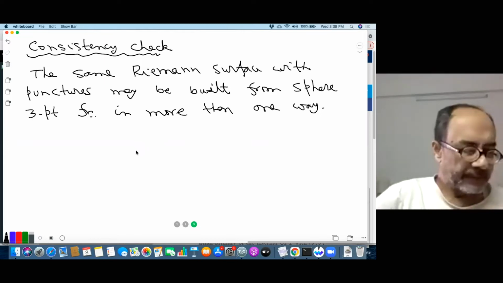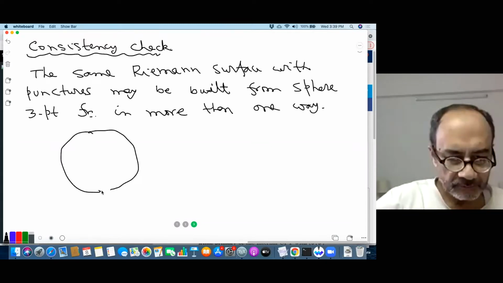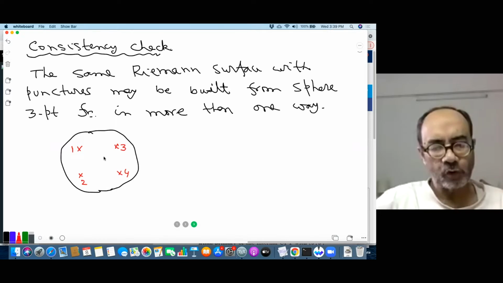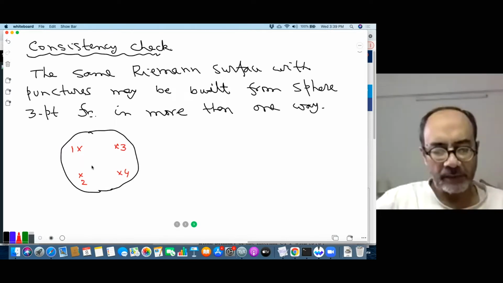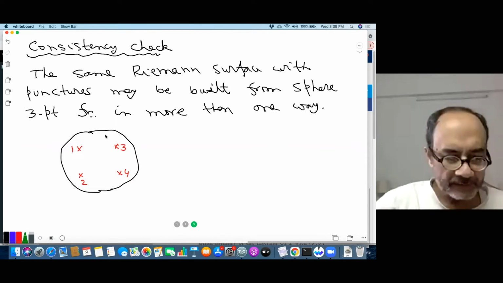So I'll just give an example. Take, for example, a sphere with 4 punctures, 1, 2, 3, 4. Suppose you want to build this out of sewing 2 spheres with 3 punctures each. Now this we can do in 2 different ways, as you can see easily.